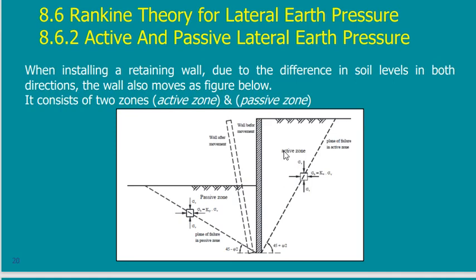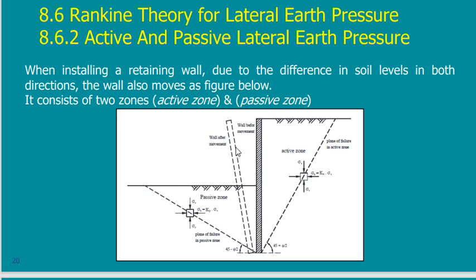Therefore, the active zone is the zone that is expected to move, and the zone that is expected to move towards the wall is the stronger zone. If I compare this zone to this one, the height here is more. So I expect that because of the increased height here, this will be the active zone and this will be the passive zone.